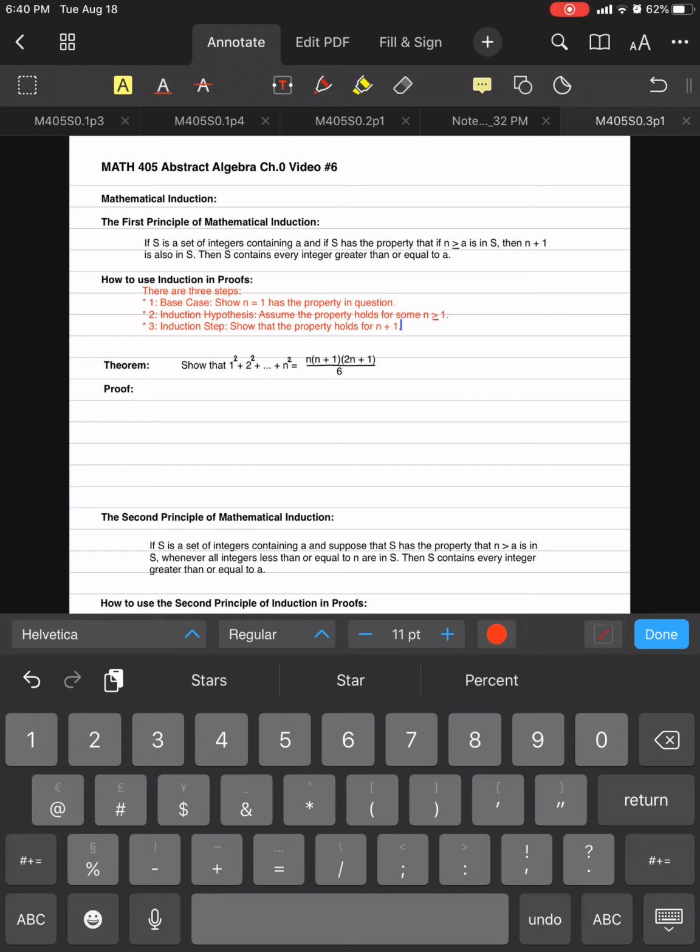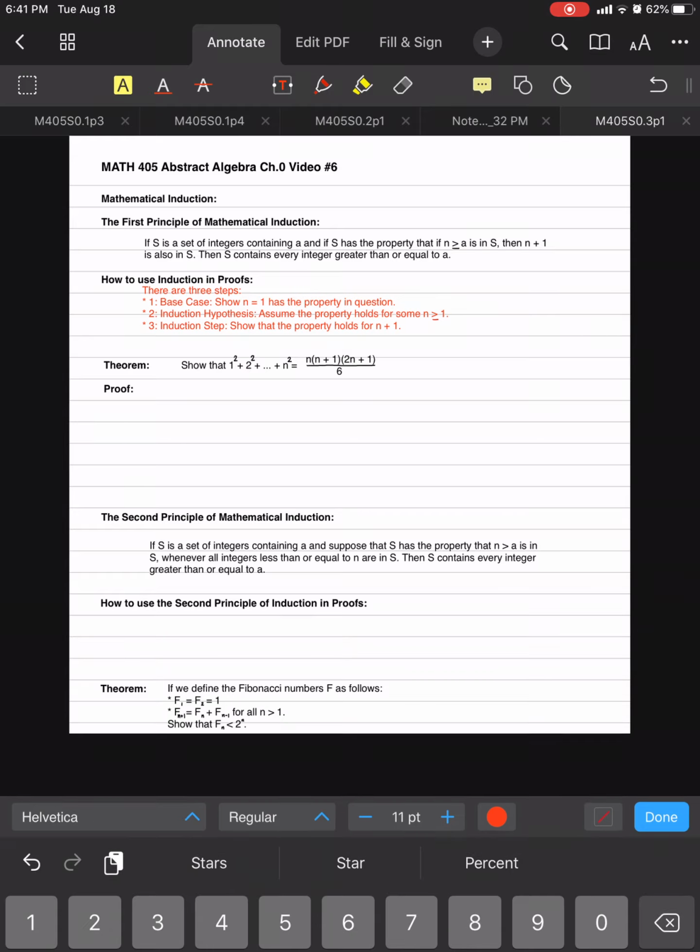When I say some particular n, it's still a variable. You're not labeling it, but you are setting that n and using it later. And then step 3, you want to essentially adjust what you did in step 2 to show that the property still holds for n plus 1, and then you're done. That's essentially how you use induction in proofs.